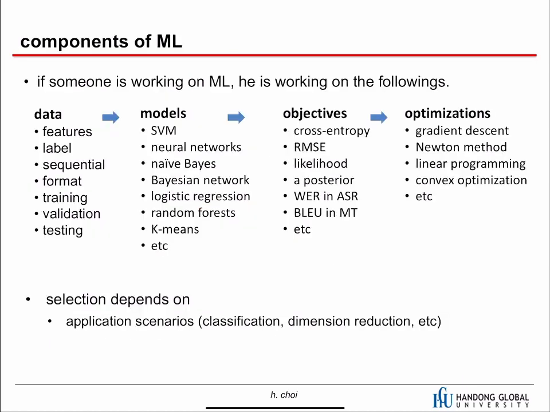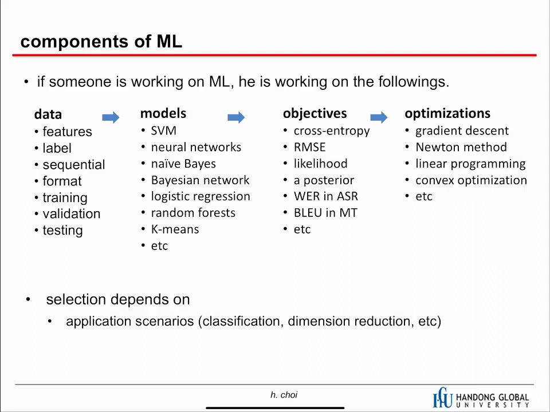Okay, then the next one is components of machine learning. It's pretty much similar to the workflow, but from a slightly different perspective. If someone is working on machine learning, then he is working on one of the following. The first one is data. We have to gather data, which corresponds to the data acquisition process.